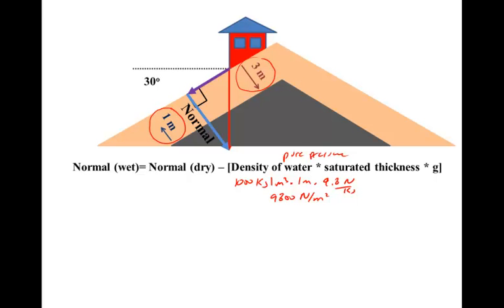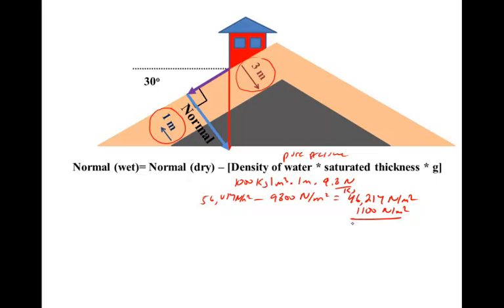Subtract that from our original normal force, 56,014. 56,014, subtract 9,800. Our new normal force is 46,214 newtons per square meter. Cohesion was 1,100.